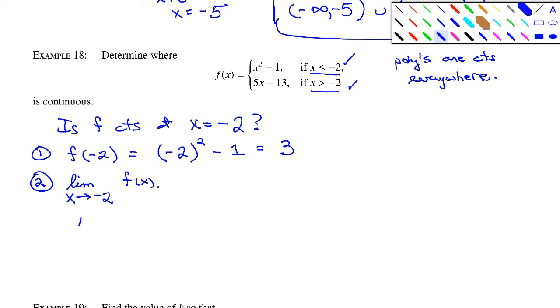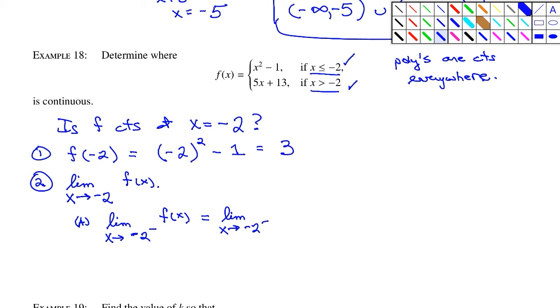So part A is going to be the limit as x approaches -2 from the left of f of x, and that is the limit as x approaches -2 from the left.